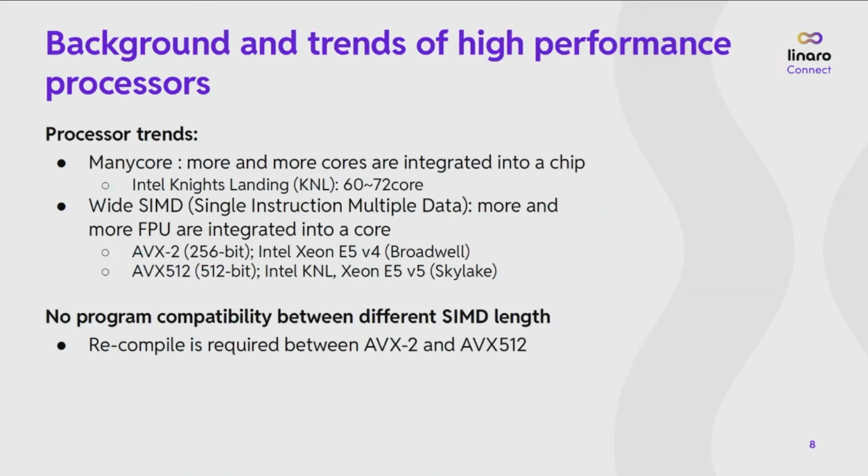Okay, so for performance, here we have some background and trends on high performance processors. Processor trends are toward multi-core processing, so more and more cores are integrated into the chip. While for SIMD, more and more FPUs are also integrated into the core.